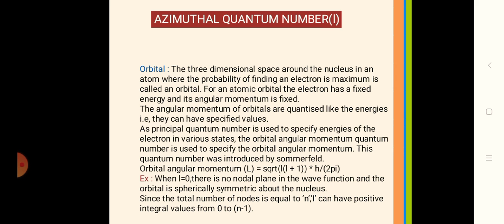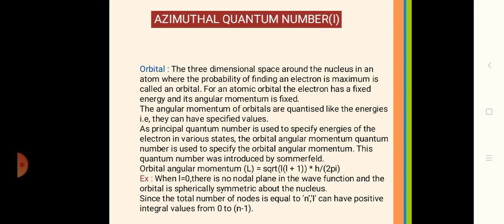Let's go to the second type of quantum number, that is azimuthal quantum number. Before learning that, let's learn what is the meaning of orbital. The three-dimensional space around the nucleus in an atom where probability of finding an electron is maximum is called orbital. For an atomic orbital, the electron has fixed energy and its angular momentum is fixed.